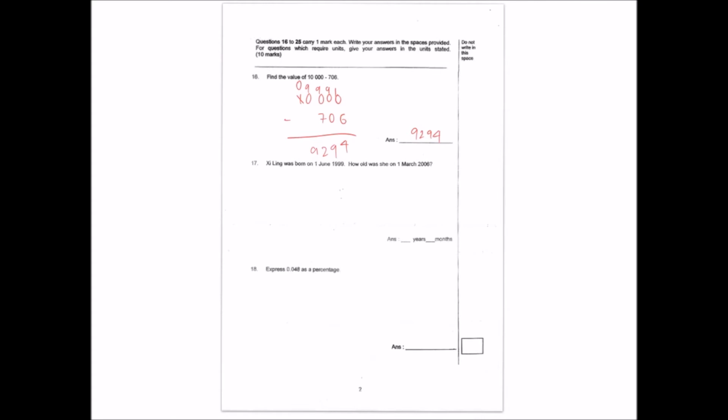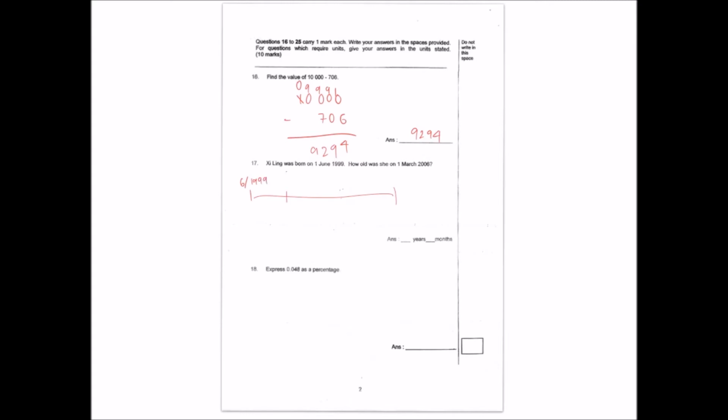See Ling was born on 1st June 1999. How old was she on 1st March 2006? Alright, so we can draw a timeline to help us. So this is 1st of June, 1999.